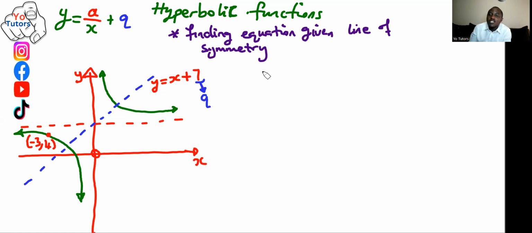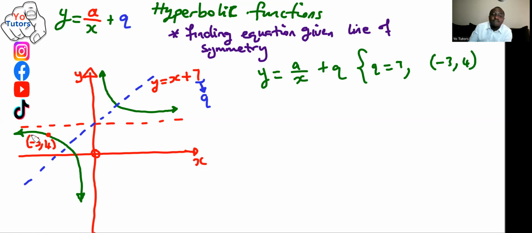So what is given to us? We are looking for the equation y = a over x plus q, where our q is given as 7, and we also have a point which is -3 and 4. From -3 and 4, that should give us our x and y in the equation. So now let's continue with our equation here. y is 4, so 4 = a over x, which is -3, plus 7.